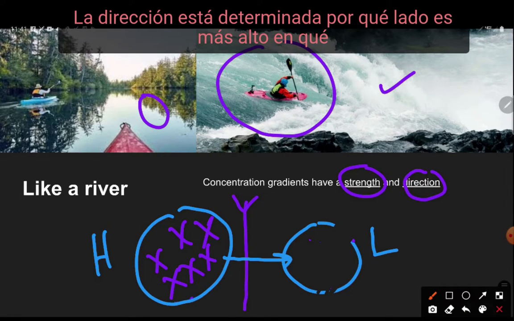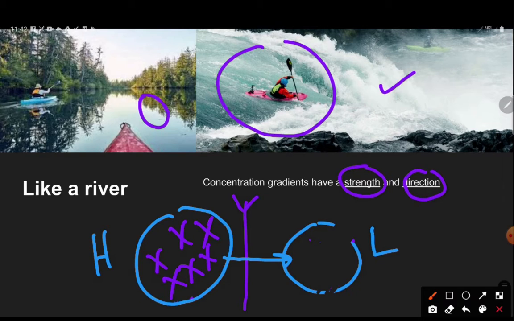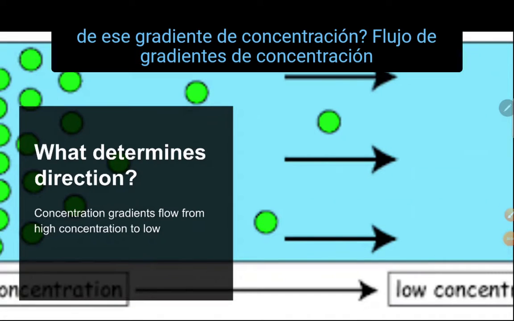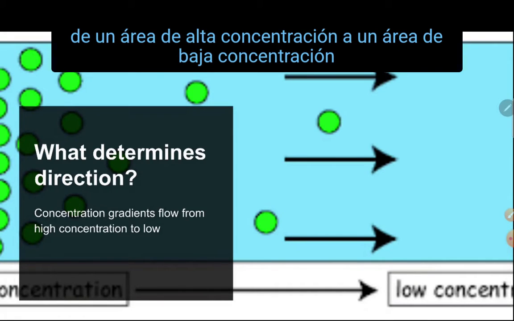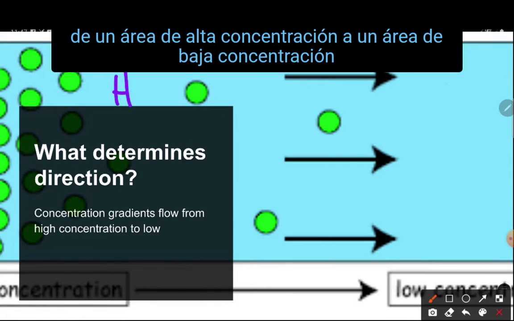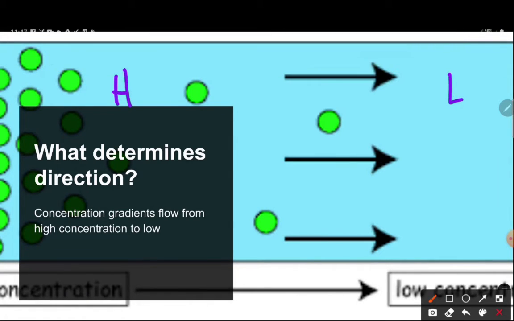The direction is determined by which side is higher and which is lower. What determines the direction of that river, of that concentration gradient? Concentration gradients flow from an area of high concentration to an area of low concentration.